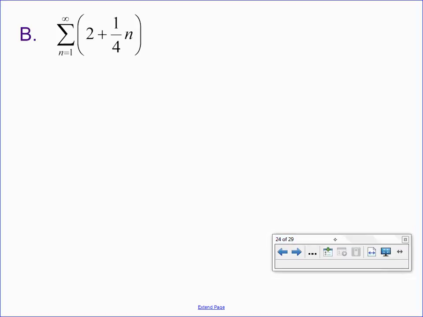Next. Arithmetic, geometric, neither. Quietly tell your partner to be ready to share with all class. Tyler and Emily, what do you guys think? Arithmetic.